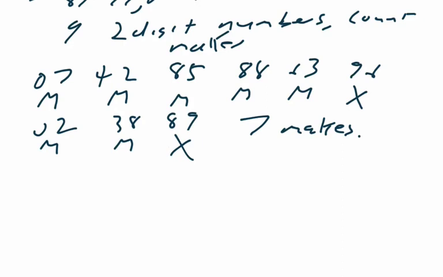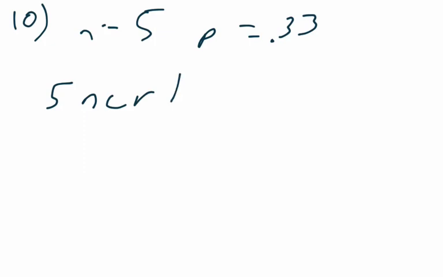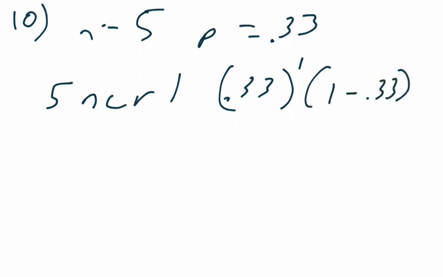Problem number 10. Okay, what are the chances that, so 33% were born outside the United States, you choose 5, so that means we're doing a binomial because we chose 5, and p is equal to 0.33, and in part A, x is equal to 1, so we've got 5 nCr 1, 0.33 to the first, 1 minus 0.33 to the fourth.